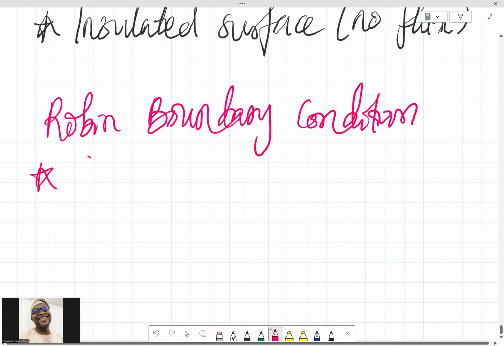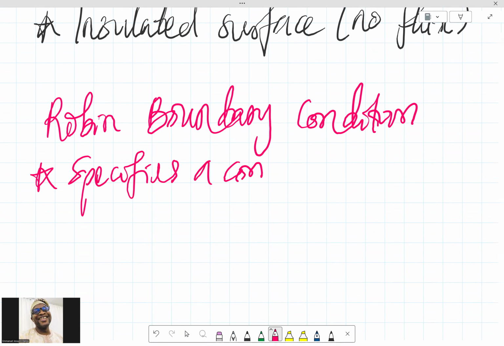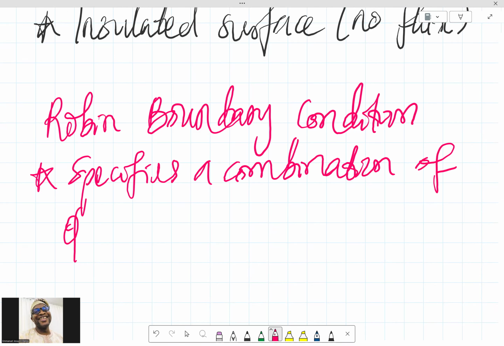So this one actually specifies a combination of phi and its normal derivative.